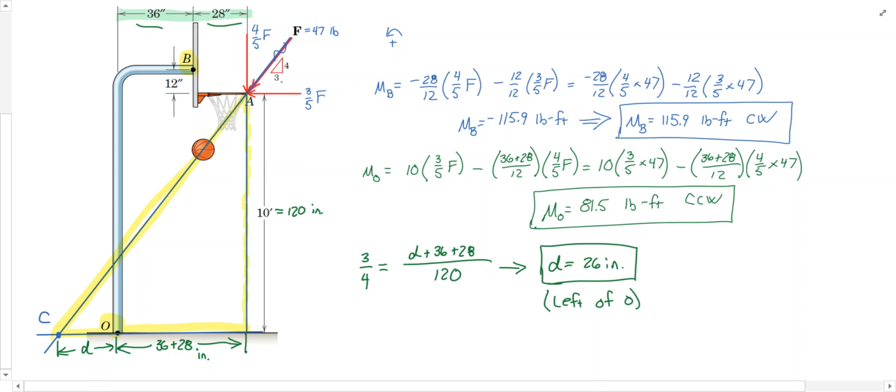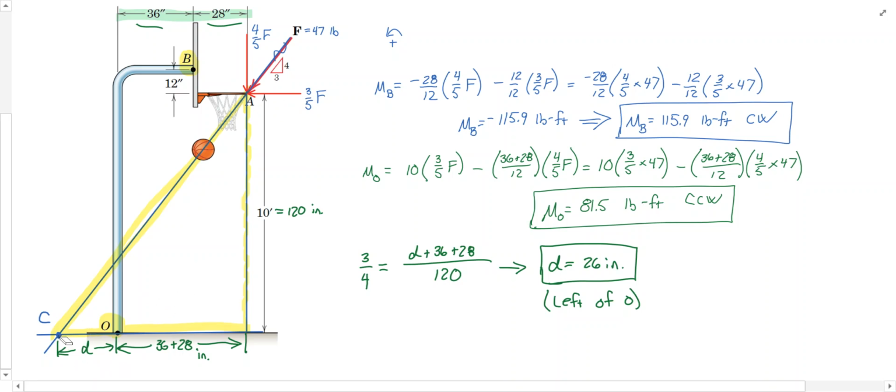So just to recap, we broke the force down into vertical and horizontal components here, 3/5 F and 4/5 F, utilizing the slope here. Then we looked at point B, moment around it. Vertical force was clockwise, horizontal force was clockwise around B. Around O, vertical force was still clockwise, but the horizontal force was counterclockwise.